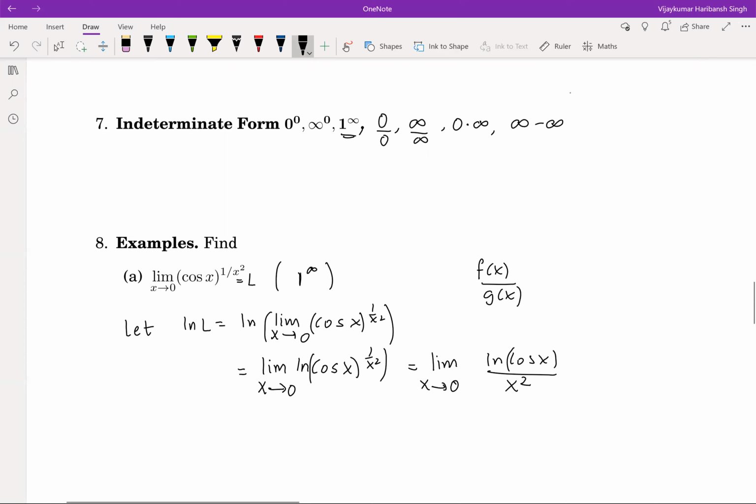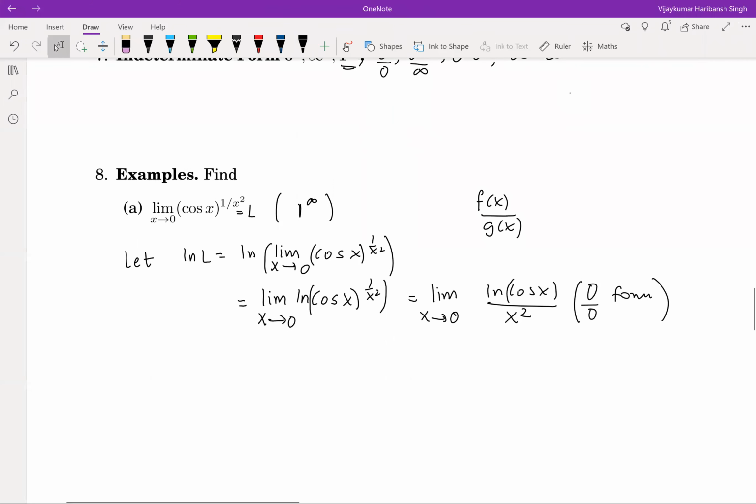So now let's check. As x goes to 0, cos 0 goes to 1. So ln of 1 is 0, so 0 on the top. And as x goes to 0, x squared also goes to 0. So it is a 0 over 0 form.